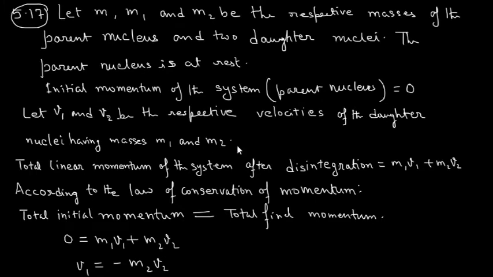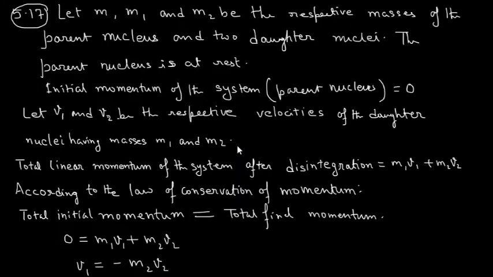Total linear momentum of the system after disintegration is equal to m1v1 plus m2v2. According to the law of conservation of momentum, total initial momentum is equal to total final momentum.